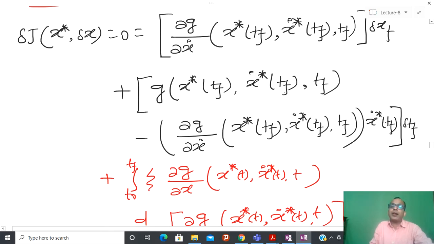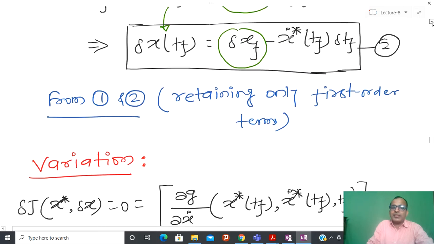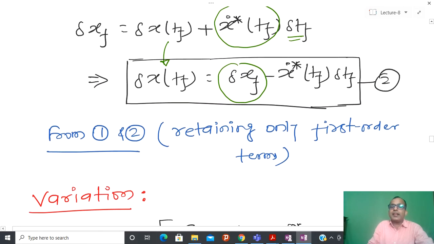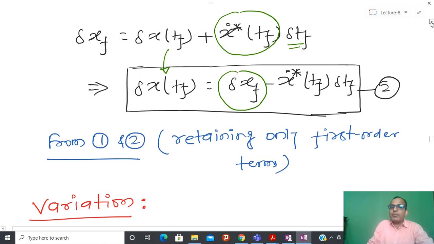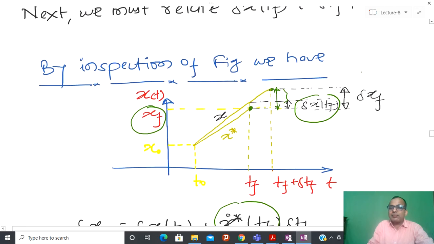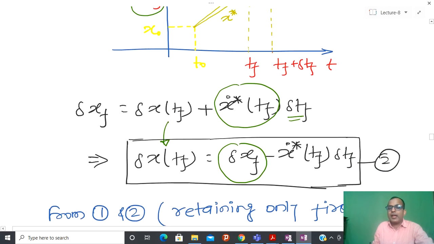So I have some more terms, and why do more terms come into picture? Due to this particular variation delta xf, and again I am repeating, delta xf is given by the end point of the extremal trajectory and the end point of the neighboring trajectory.